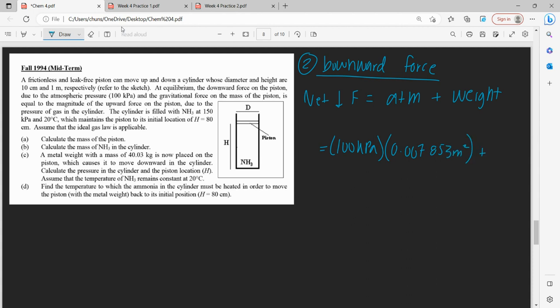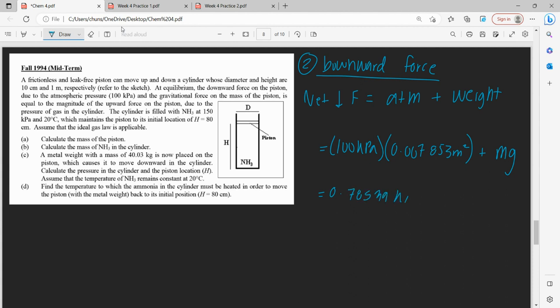And this is plus our gravitational force.